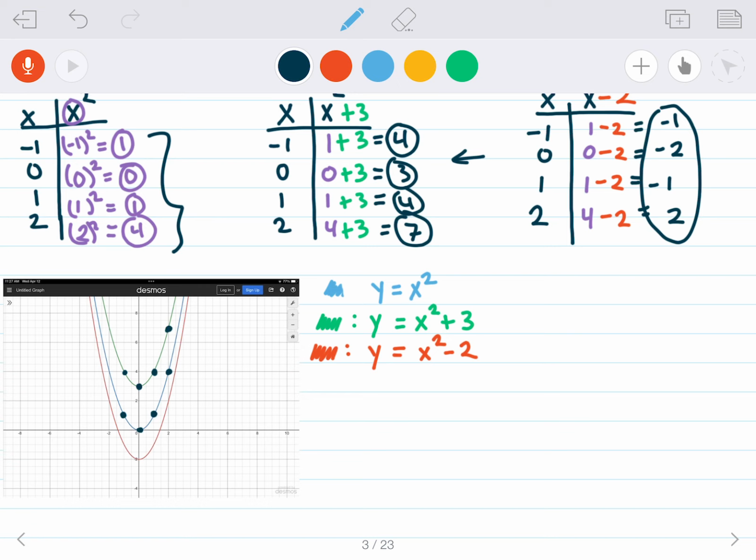Okay, and then with our red graph, we're shifting it down 2 units. All of the points get shifted down 2 units. Originally, I had -1, 1 for my parent graph, but for my red graph, I'm shifting down 2 units, so I'm going to have -1, -1.